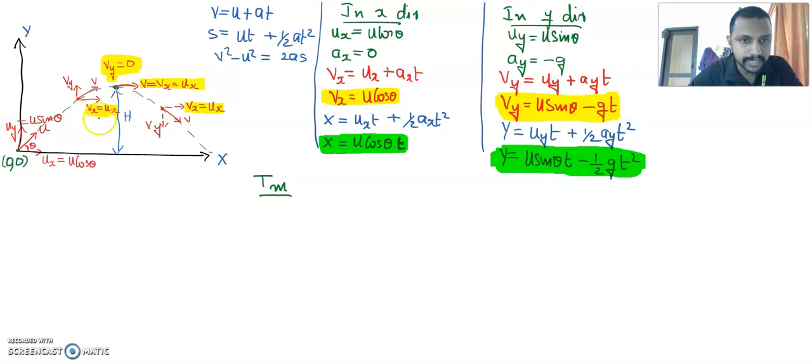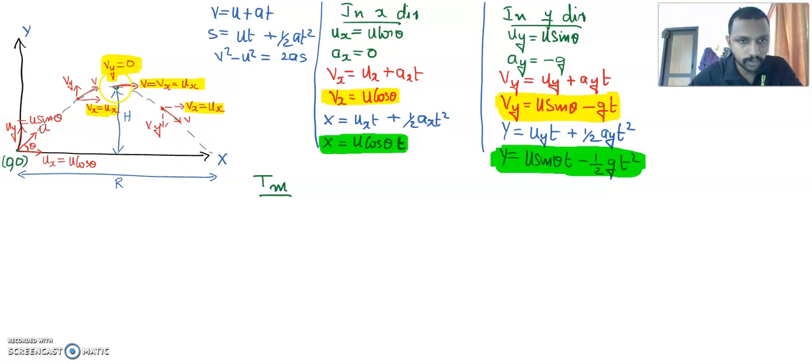H is the maximum height attained by the projectile, therefore the y distance at this point is h. Then we are defining the maximum horizontal distance as r.